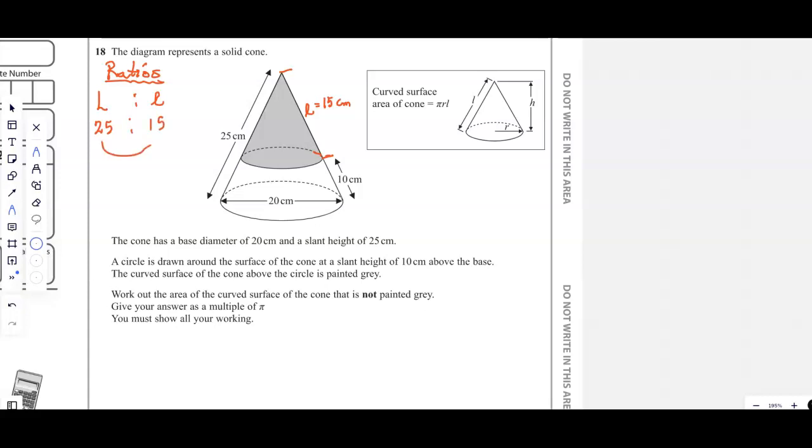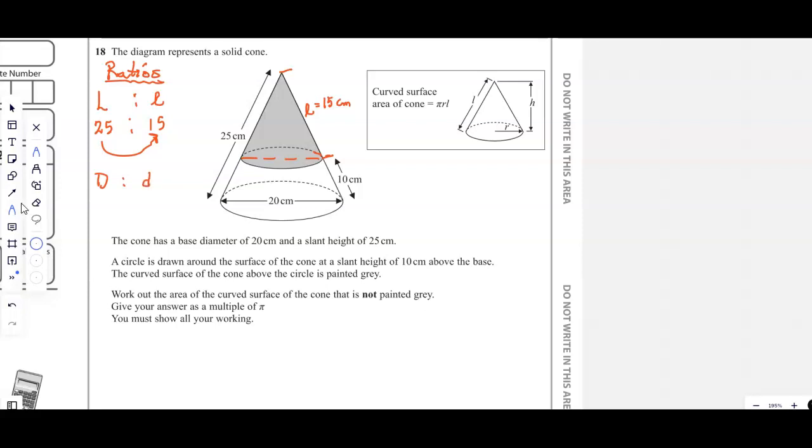So this is 25 centimeters, and this would be 15 centimeters. We want to know what we multiply 25 by to give us 15. That's a question you need to ask yourself. Also, we have the diameter of the large cone, and we need to work out the diameter of the small cone, small d.